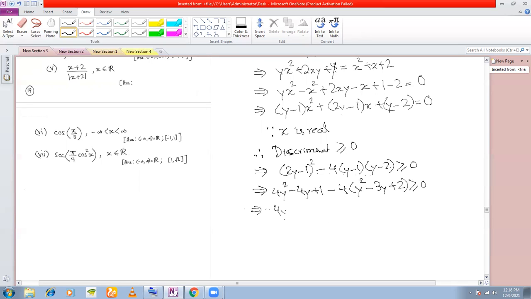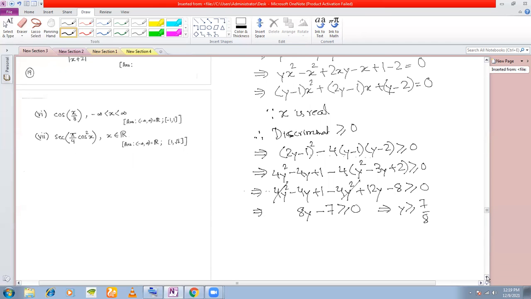So you get 4y square minus 4y plus 1 minus 4y square plus 12y minus 8 greater than or equal to 0. So what happens here? 4y square, they cancel. You get 12 minus 4, which is equal to 8y. And you get plus 1 minus 8, which is minus 7, greater than or equal to 0. So you get y greater than or equal to 7 by 8.